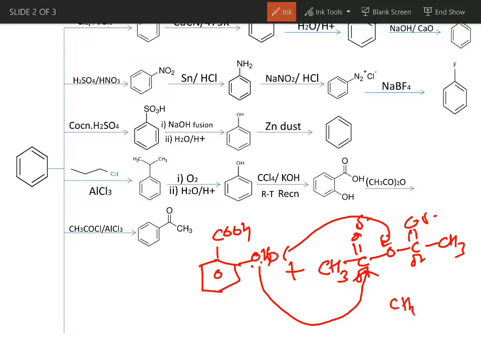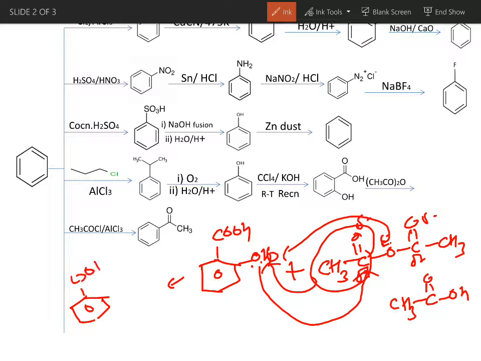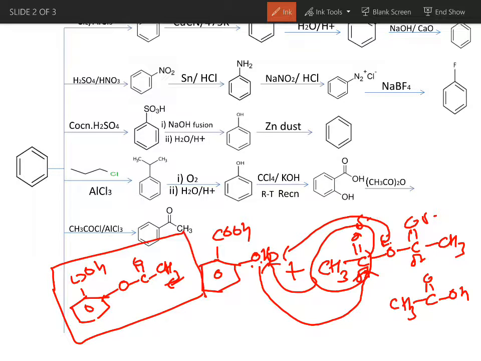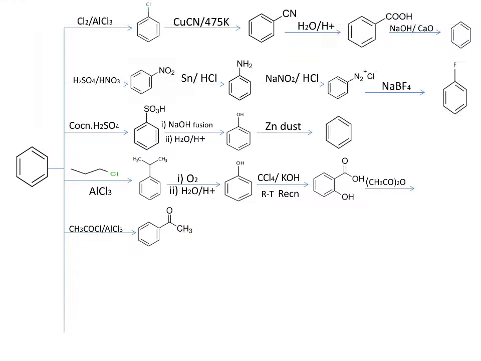So here CH3COOH is formed, where this C double bond O CH3 will be attached to this oxygen. So the compound formed here will have COOH, and here O C double bond O CH3, that is an ester. This compound, with COOH and at the ortho position OCOCH3, is called aspirin. So when salicylic acid is reacted with acetic anhydride, it forms aspirin as a product.